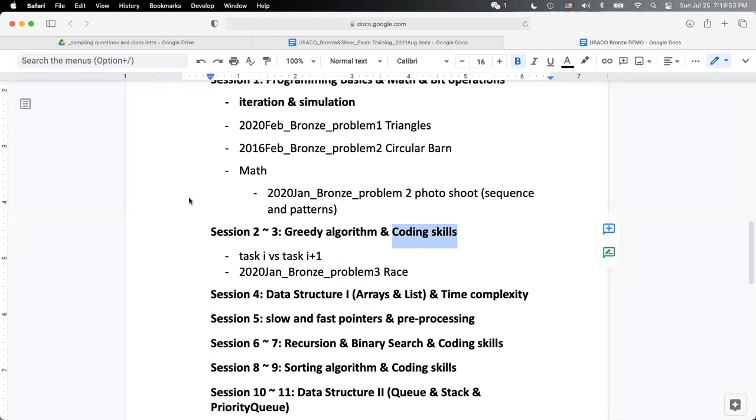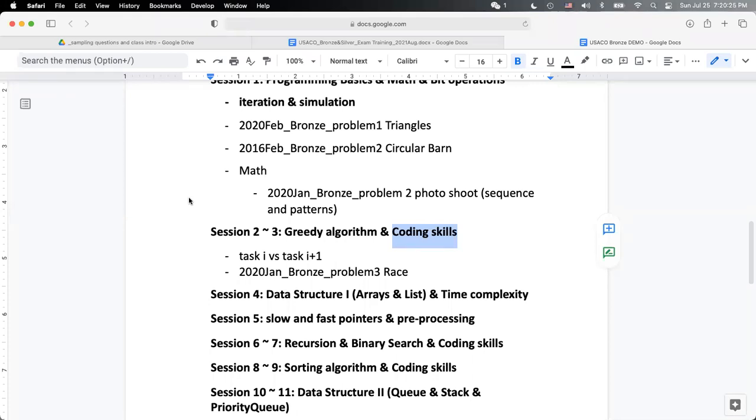And number 2, identify the area which is redundant or repeated, in terms of certain calculation repeats. And with that, try to optimize your code in terms of time. In order to optimize the code, you need help from certain data structure or algorithm. So this kind of curve, I'm building that for all levels, basically.